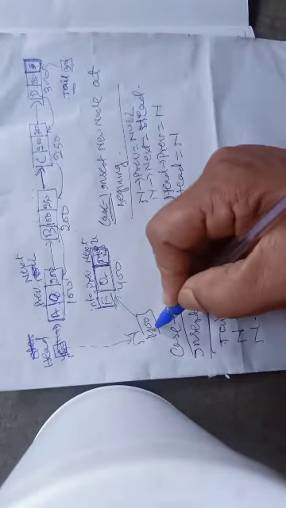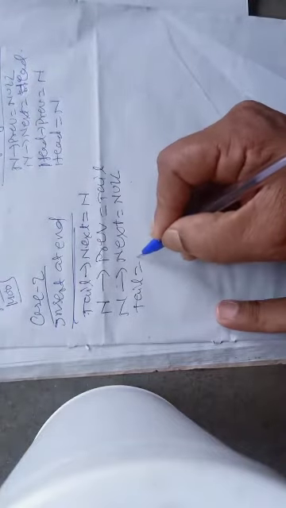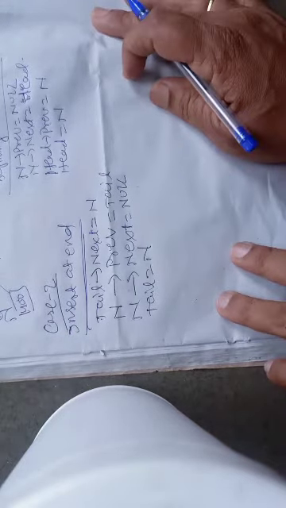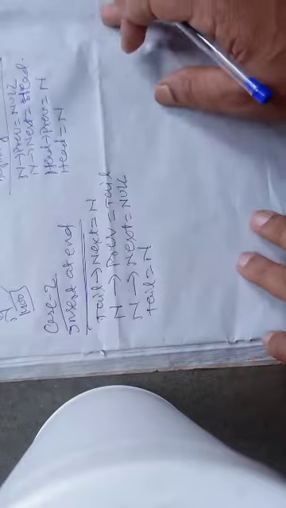The address of E is in n, so I should update tail equals n. So these are the 4 changes that I should make after insertion. Is that clear? I think you understood it.